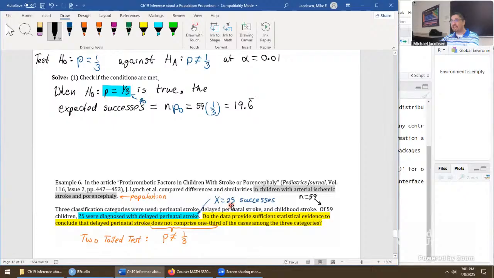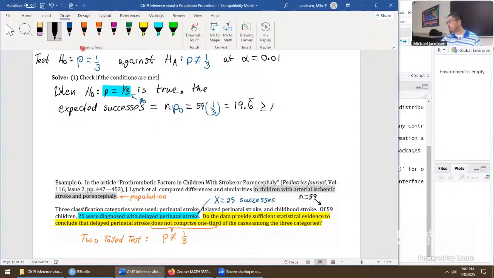You can't run a study like this and get 19.6 successes. You would get 19 or 20, for example. But when we say expected successes, what we mean is a kind of average. If we ran the study at sample size 59 repeatedly, and if this is true, then all of those studies would have, on average, that many expected successes. It's allowed to be a non-integer, it just feels weird.